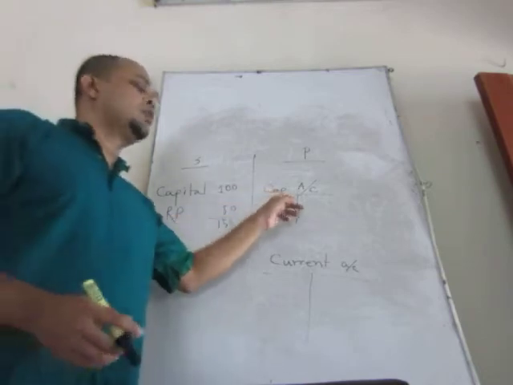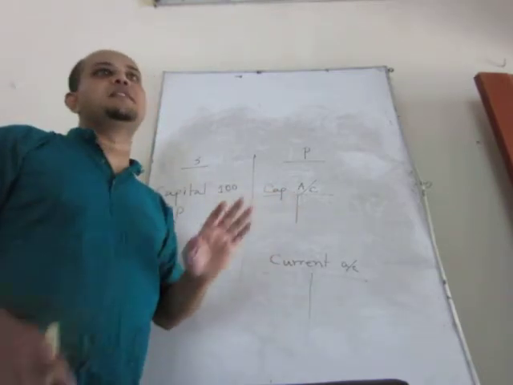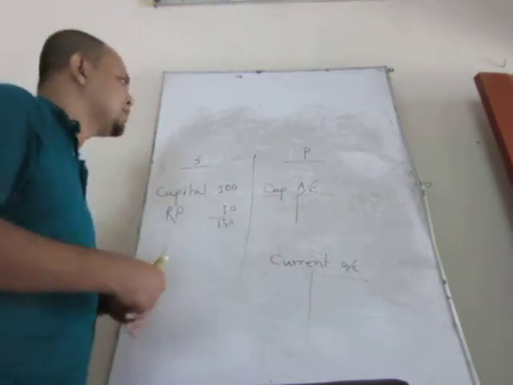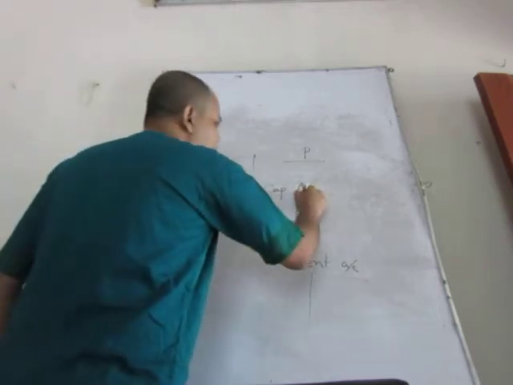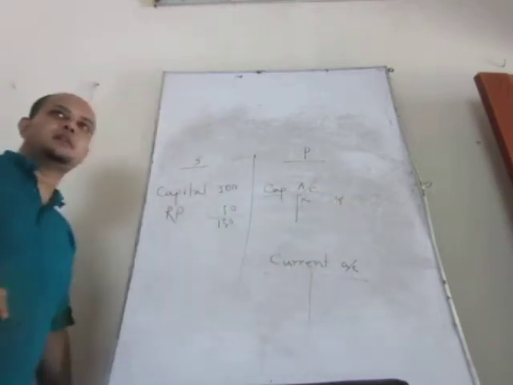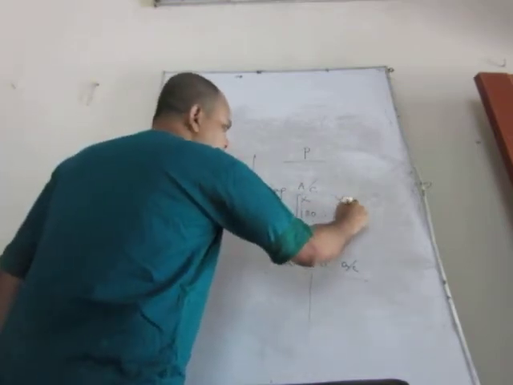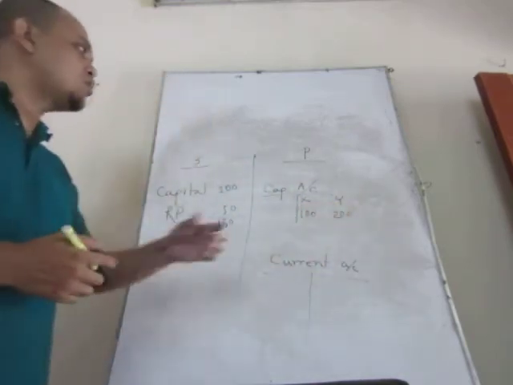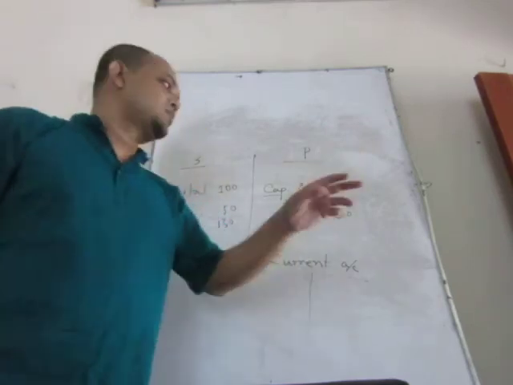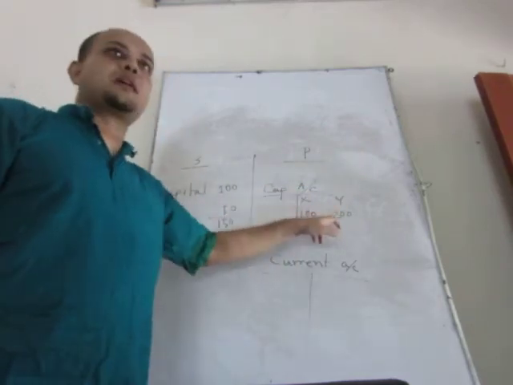Capital account means long-term investment by the individual partner. Suppose, as for example, X and Y. X invests $100 and Y invests $200. So this is the long-term investment to run the business. This is their capital account.